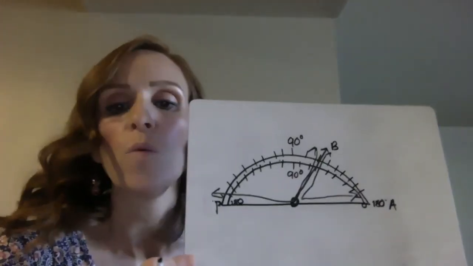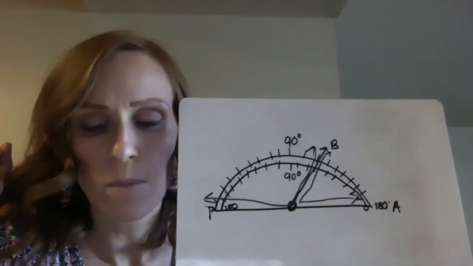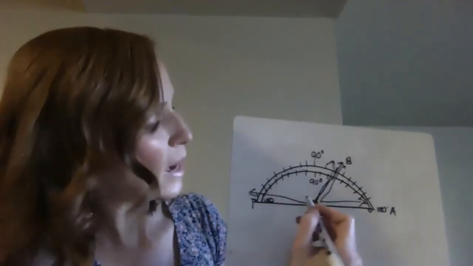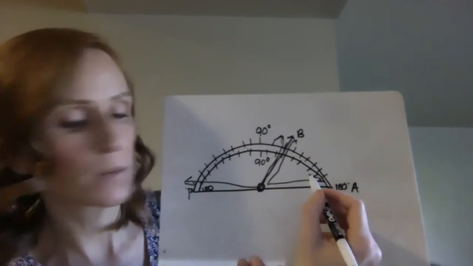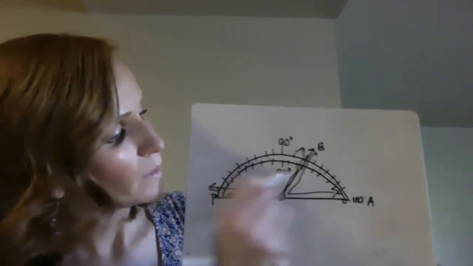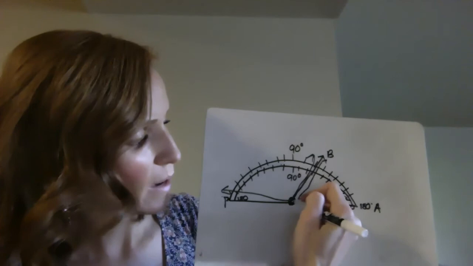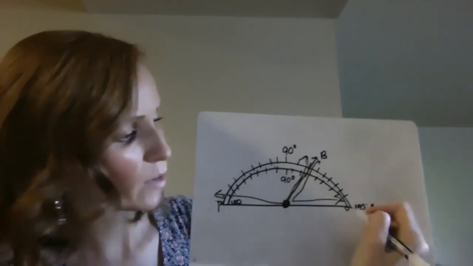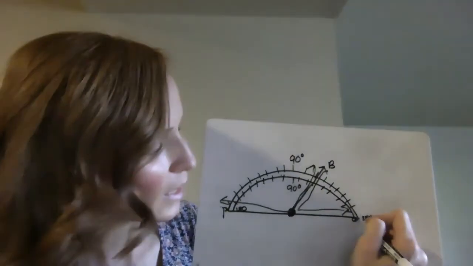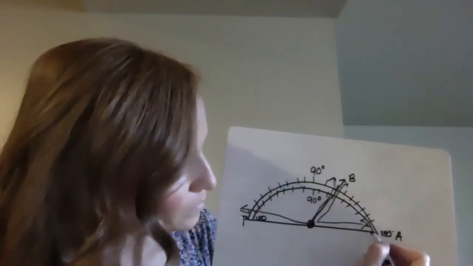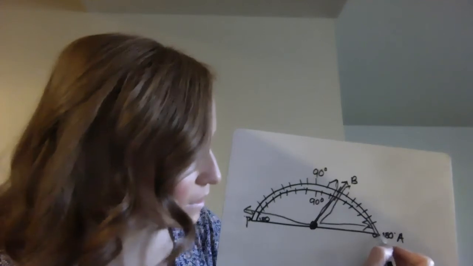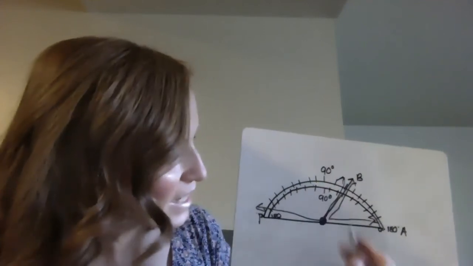Now, whichever way my angle is facing, that is what line I use. So you always start at 0. Let's start with the smaller angle. It is facing this direction, right? So we have our point here and then it reaches out that direction. So we're going to start at the 0 here, and from 0, we count. 0 on this one is on the inside, and it hasn't hit 90 yet.